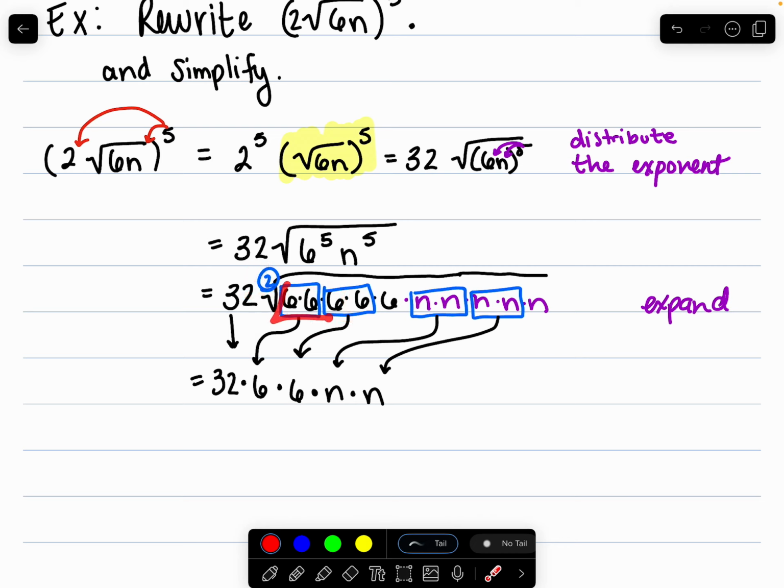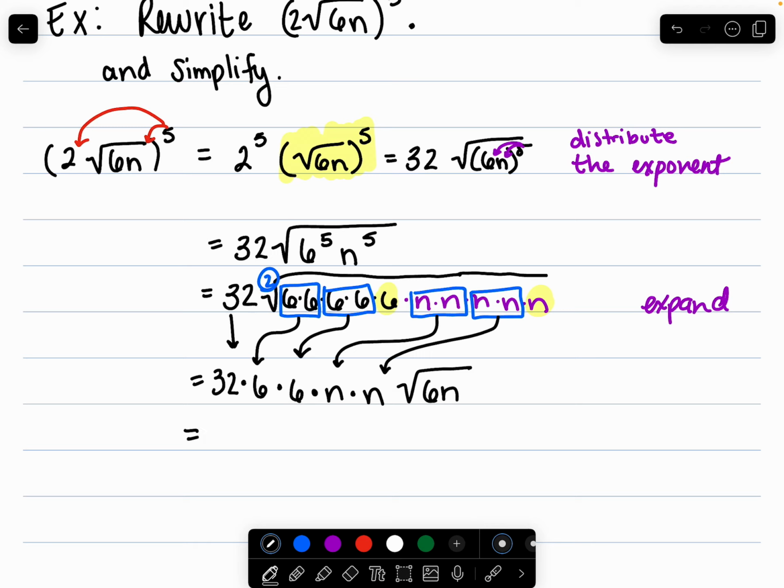I can't get the 2 6's anymore, so just these 3. And I'm only going to write them once. So if I had this, I would only write the 6 once. If I had this, I'm only going to write it this once. Okay, if this was 3. So anything that's left over, you keep it inside the radical.